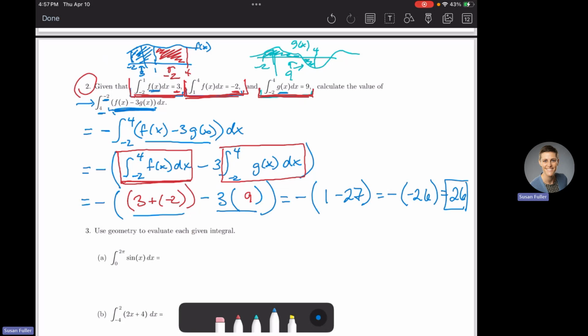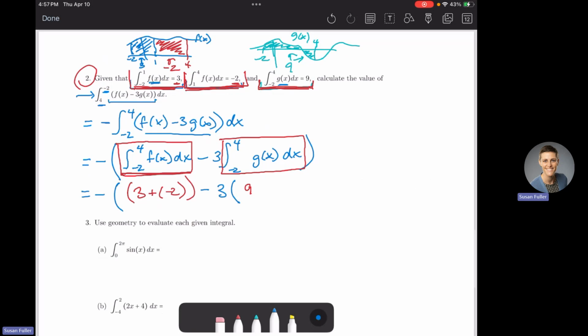So you just have to work with what you have and figure out how to get what you need from what you have. Sometimes you're going to have to put pieces together, like these two. We put them together to get this one. Sometimes you might have to subtract them. Sometimes we'll only need the area from 2 to 4, but we'll have the area from 1 to 4 and from 1 to 2, and then we could subtract the area from 1 to 2 away from the area from 1 to 4, and we would be left with the area from 2 to 4.